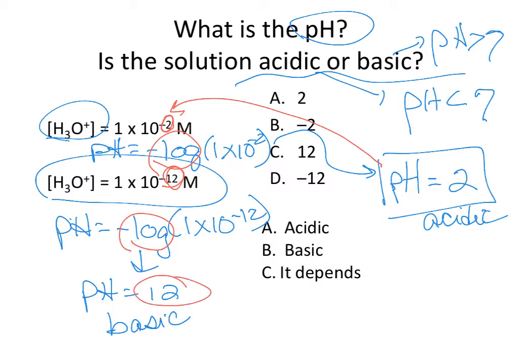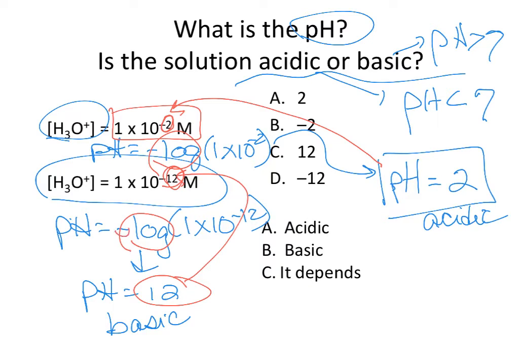When the pH was 12, there was an exponent of 12, okay? Because that's what log does. It takes the exponent. So you'll notice the log scale is used when you're dealing with either very small numbers or very large numbers. In the case of pH, it's very small numbers.